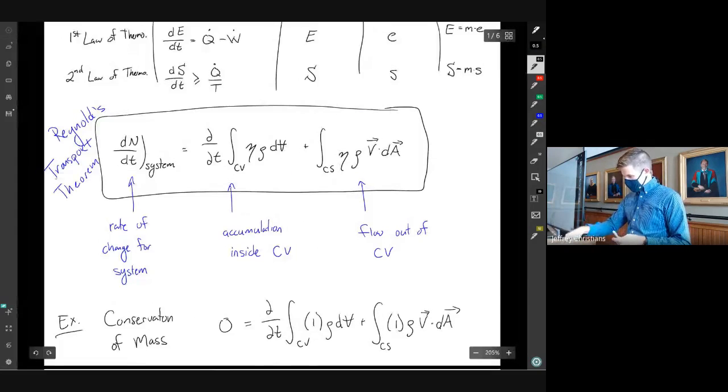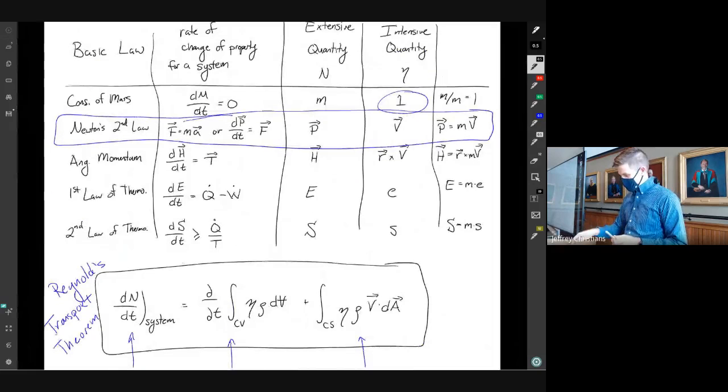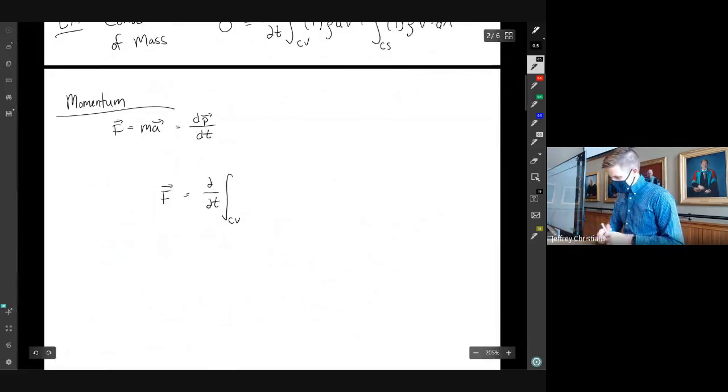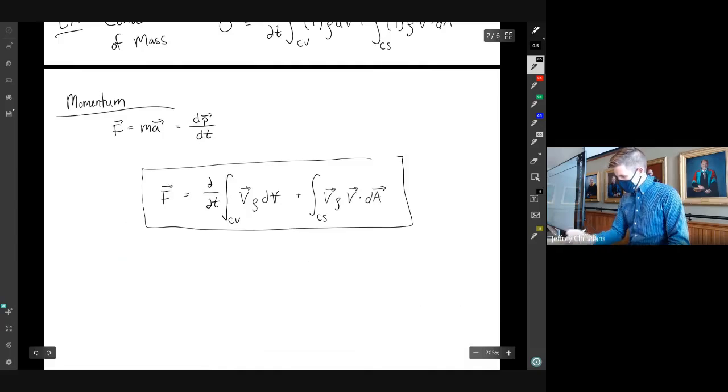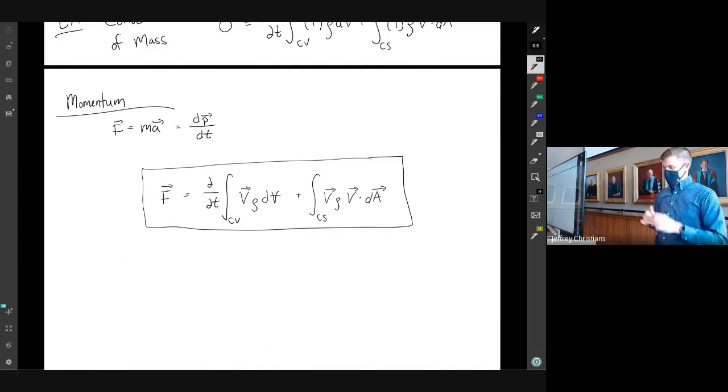Now eta is velocity: velocity, density, d volume, plus the integral over our control surface of velocity, density, velocity dotted with dA. Just plugging in the different things from our equation up there.